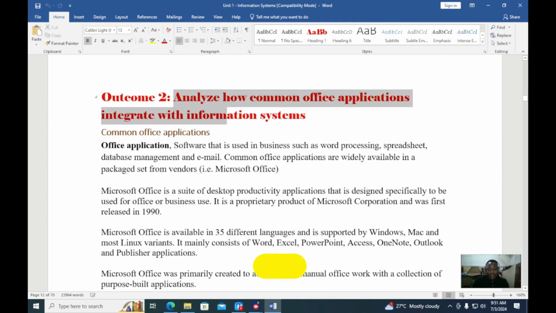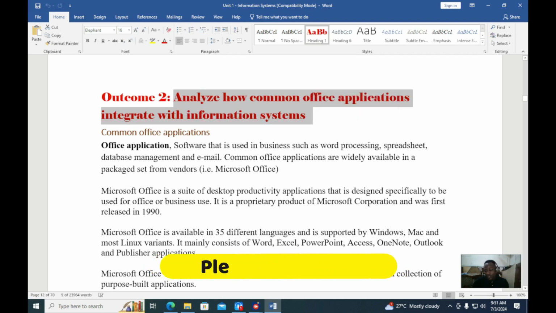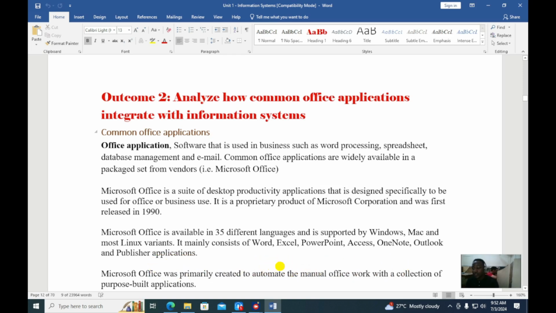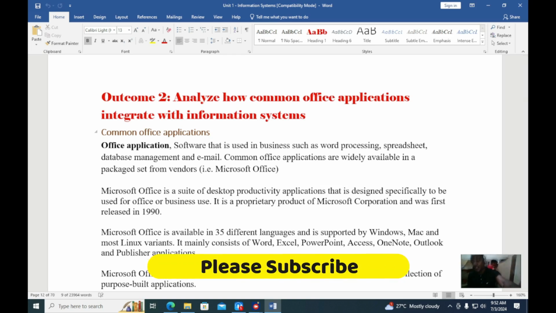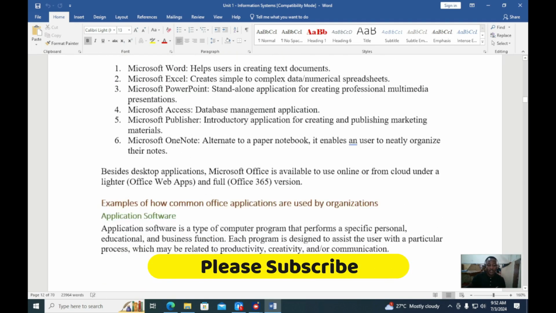So we should be able to analyze how we can use the common office applications together with information systems, how we can integrate these common office applications with information systems to make sure that we are able to work effectively. So putting together the common office applications with information systems to ensure that we are able to work well.